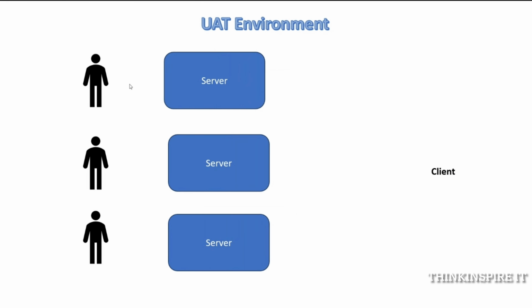Now if the client is satisfied, then the UAT guys also are satisfied. Now what will the UAT guys do? They will put workloads. Suppose your CPU capacity is 100%. They will put 99% load on this server to check whether the code can handle it or not, and whether the code has any vulnerability or not.